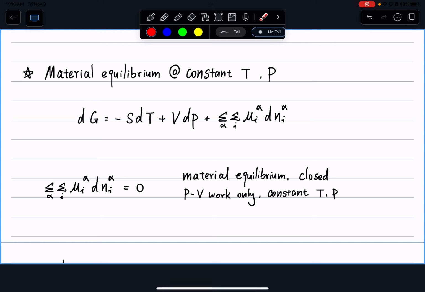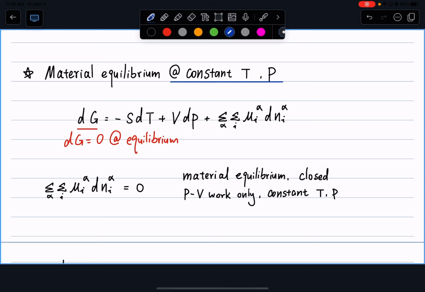And at equilibrium, we have dG equals 0. And since we're talking about a reaction or a process at constant temperature and pressure, the dT and dP terms both equal 0.